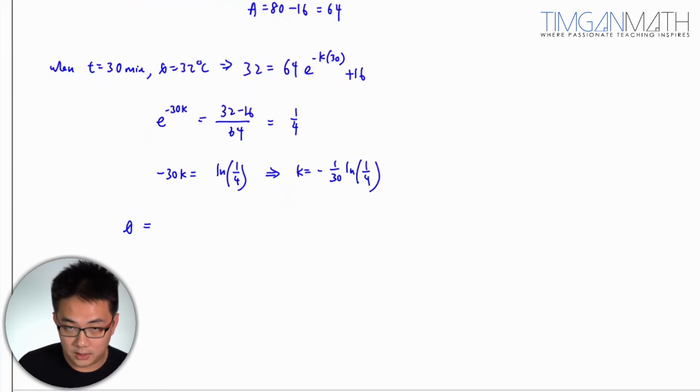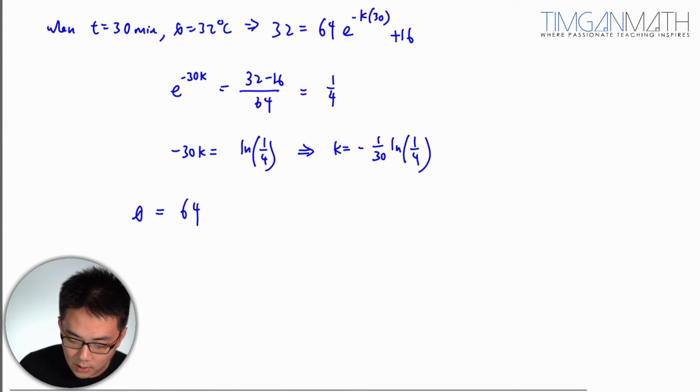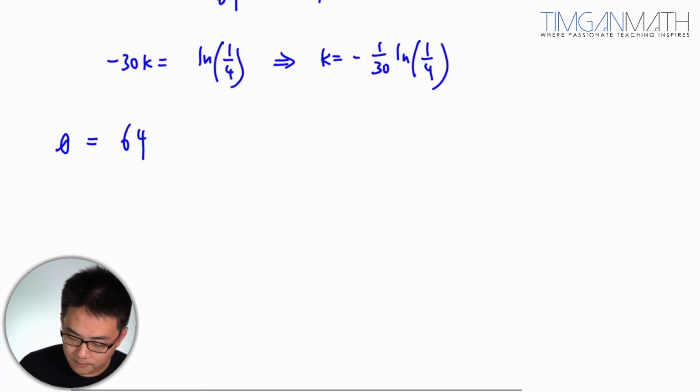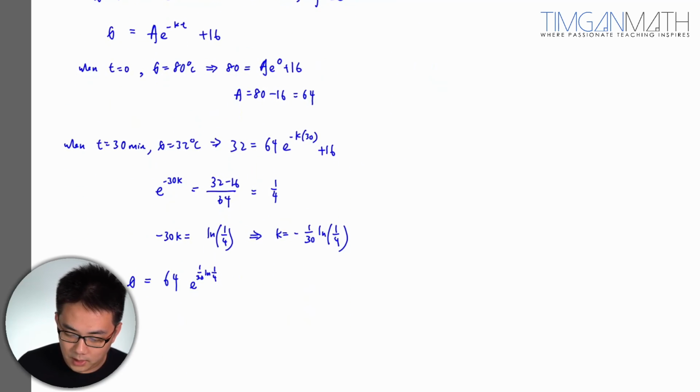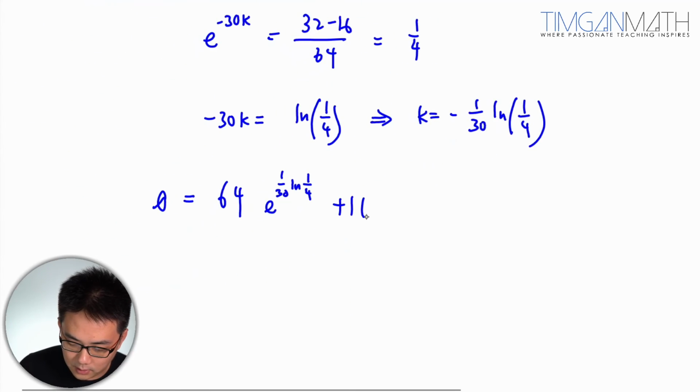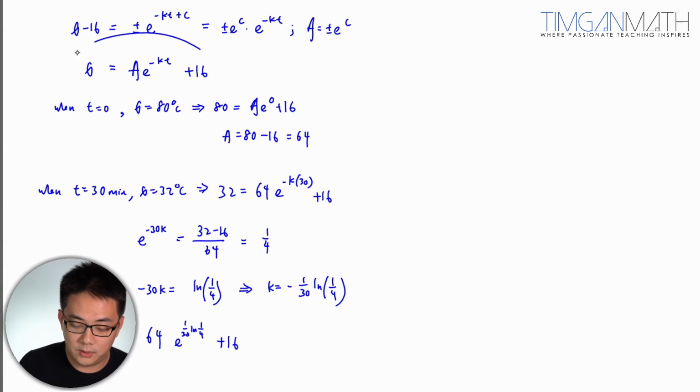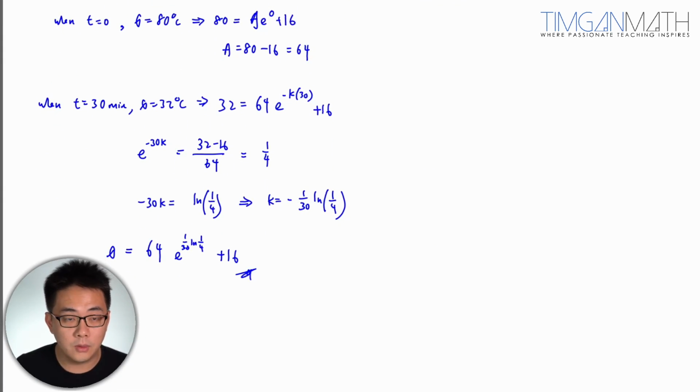So we have A is 64 and e to the minus k, so is plus 1/30 ln 1/4, t, plus 16. Okay, just replace all of it into this expression here, then you will get the answer. Okay, so this is how you do this question here proficiently.